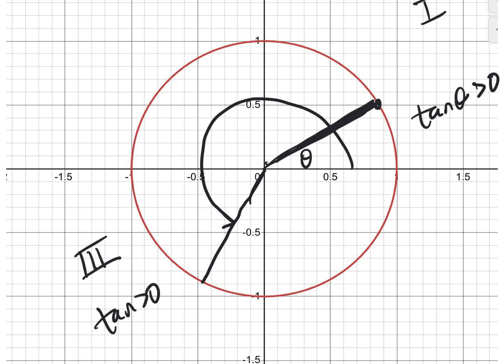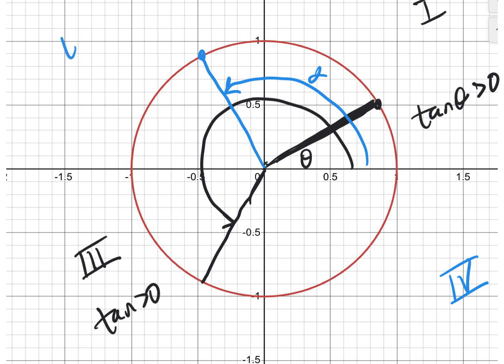However, if you're in the second or fourth quadrants, an angle that you make, let's say it's here, it's angle alpha, is going to be making a line with a slope that is negative. The line is decreasing.